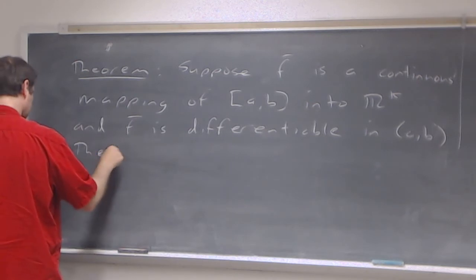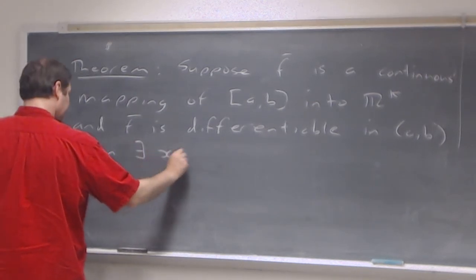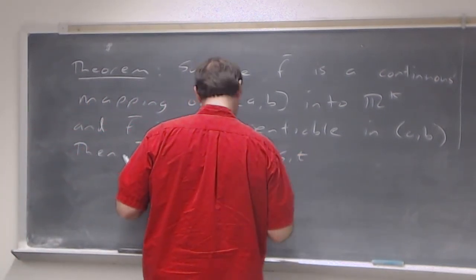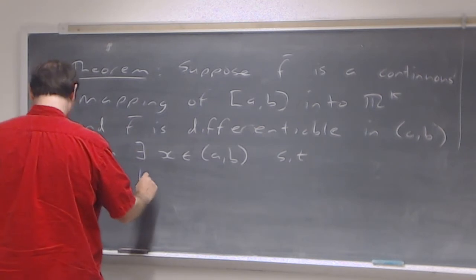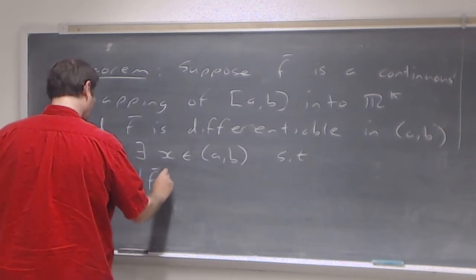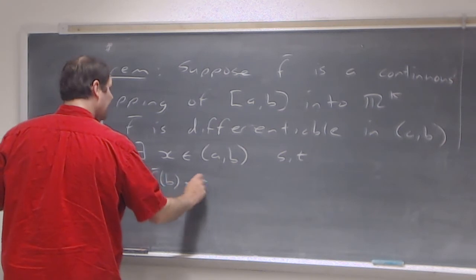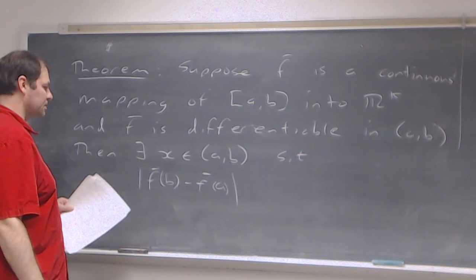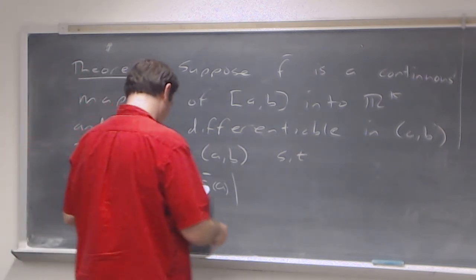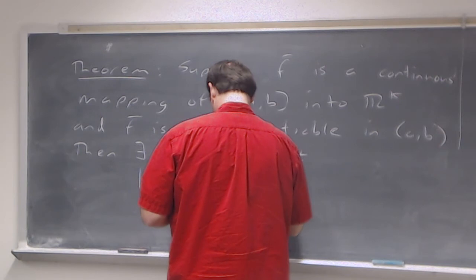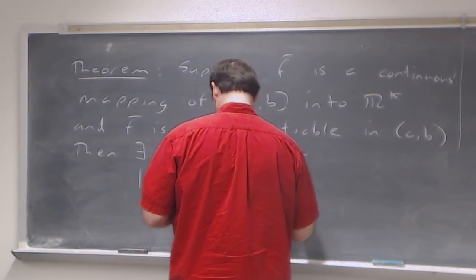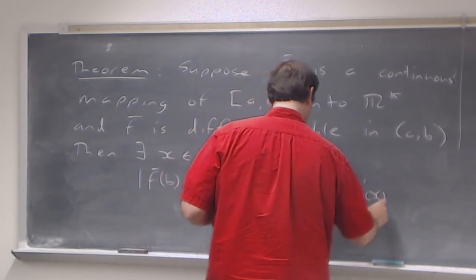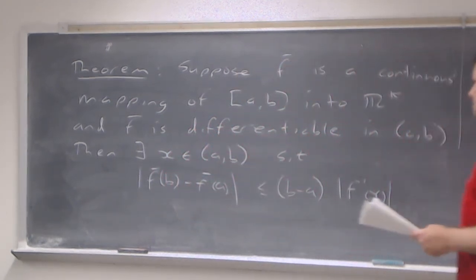Then there exists an x, an element of the open interval from a to b, such that the norm in R^k of f bar acting on b minus f bar acting on a is less than or equal to b minus a times the norm of f bar prime acting on x.